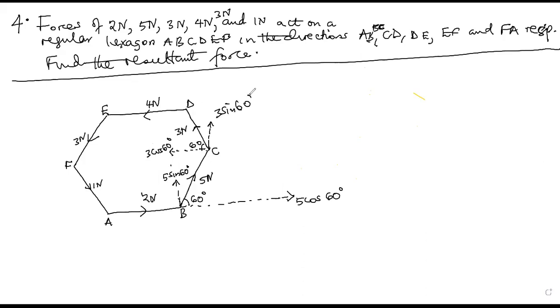We don't have components for the 4, because we resolve only the inclined forces. So for this other 3, here we have 60 degrees, implying this is 3 cos 60, whereas here we shall have 3 sin 60.